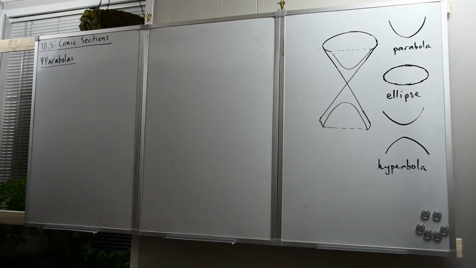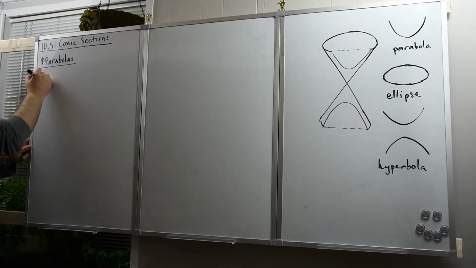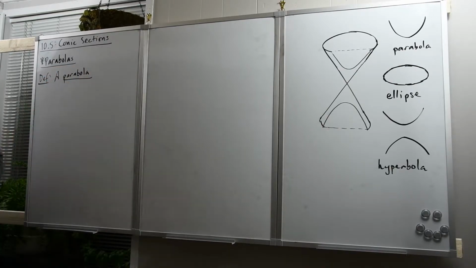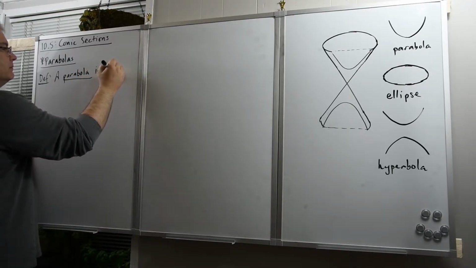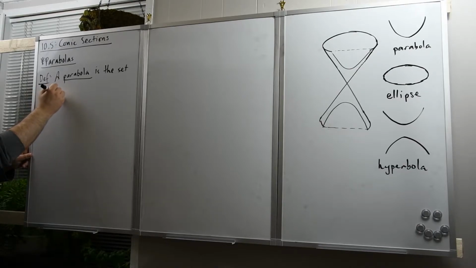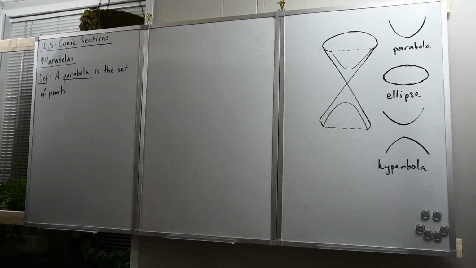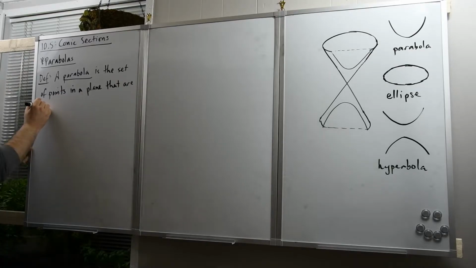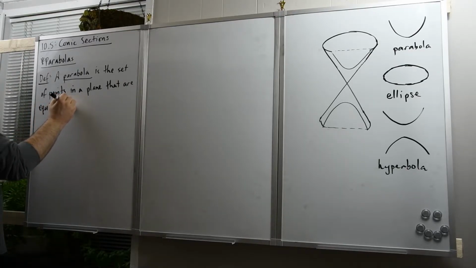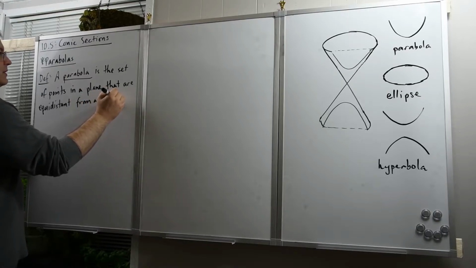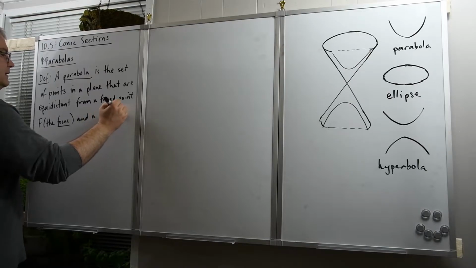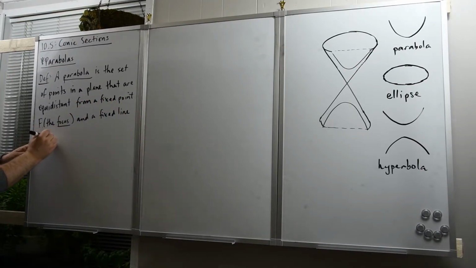So let's think about what parabolas are. Well, let's start with the definition. A parabola is a set of points in a plane that are equidistant from a fixed point that we're going to call F, which is referred to as the focus, and a fixed line that we're going to refer to as the directrix.